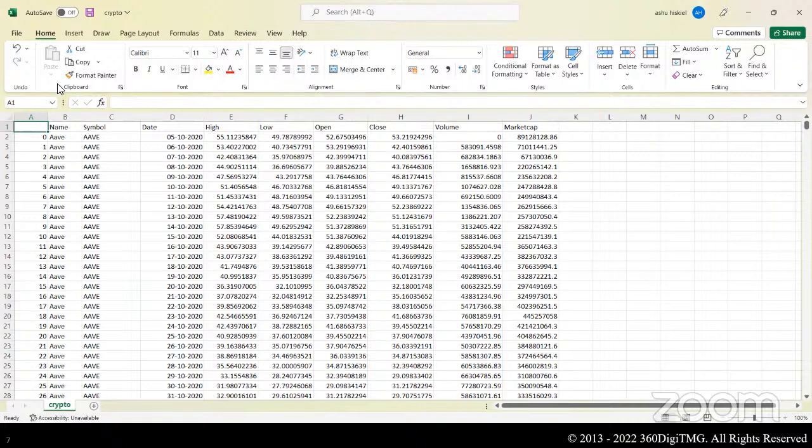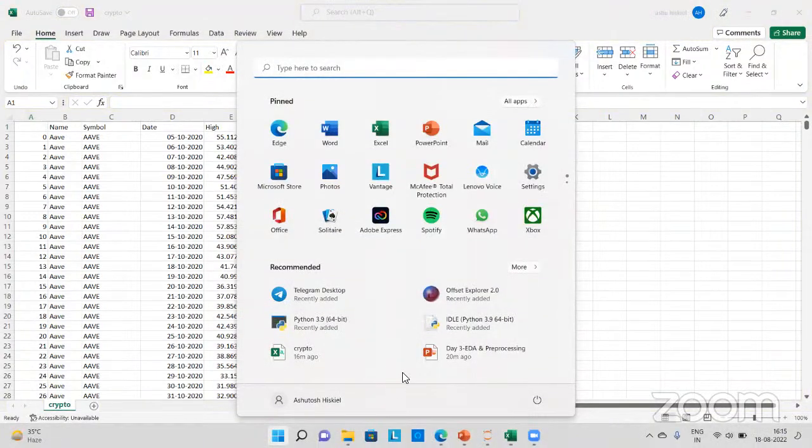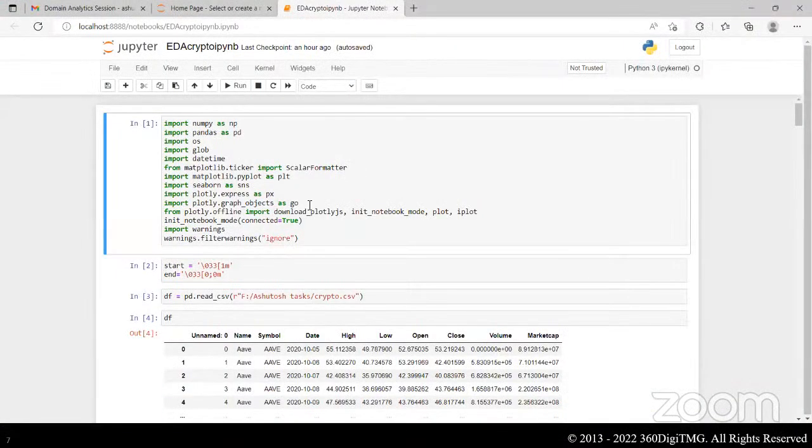So firstly, we started with importing libraries, as you can see over here. And what we observe is the dataset has columns named symbol, date, high, low, open, close, volume, market cap.